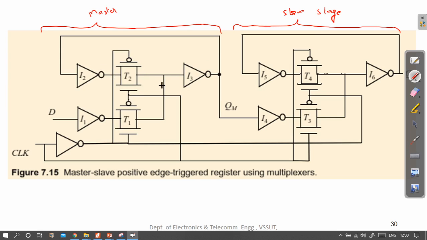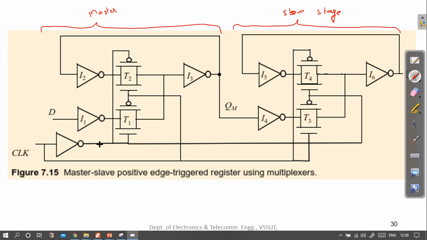So here basically this is a transmission gate, this is the second transmission gate, this is third and this is fourth. So a total of 4 transmission gates along with 6 transistors are used here, and one more inverter is used here to form the clock inverted signal.